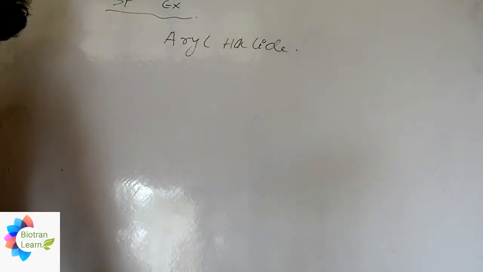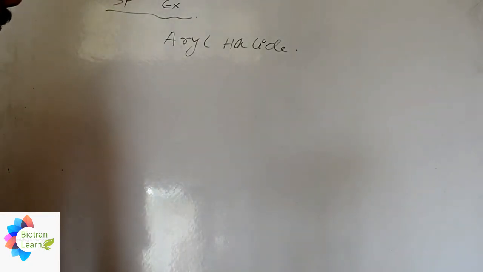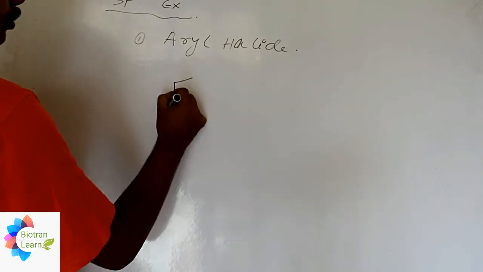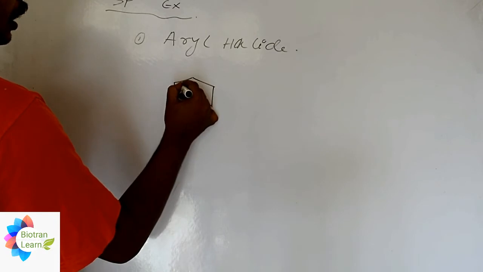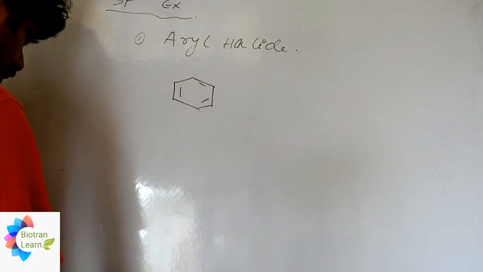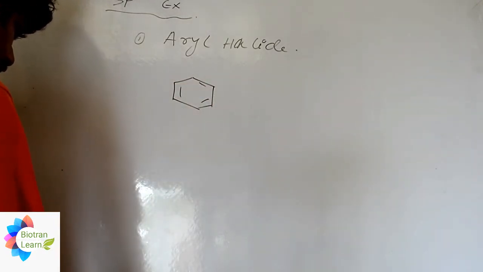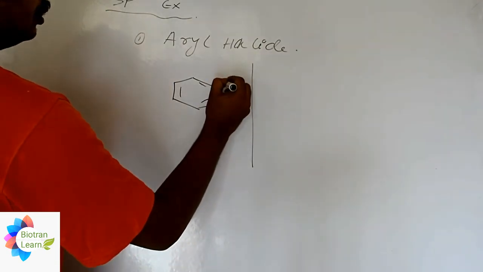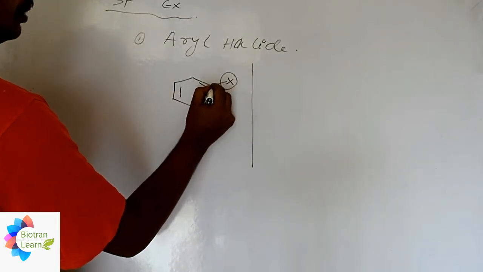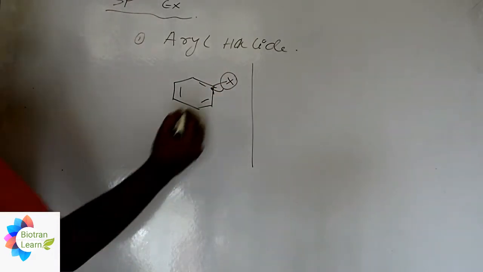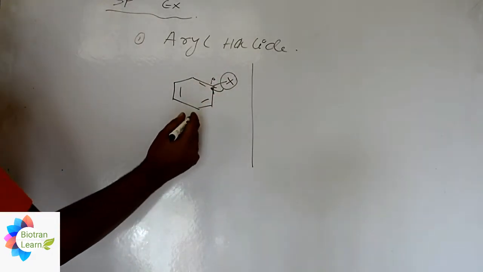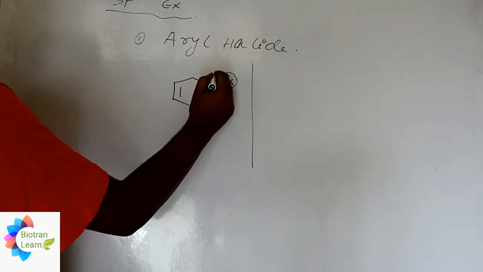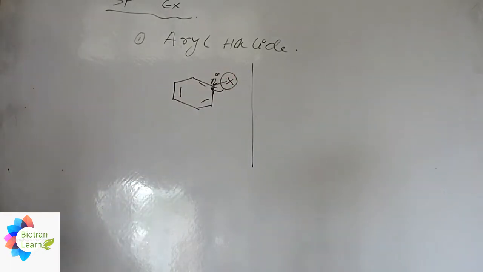Suppose in case of aromatic groups, we are having an aryl halide, suppose this one. Lastly, in case of benzylic halide, what we have seen, this is aryl halide, so this will be directly associated with the ring, right? This is directly associated with the ring. This is a 2-degree carbon, right?